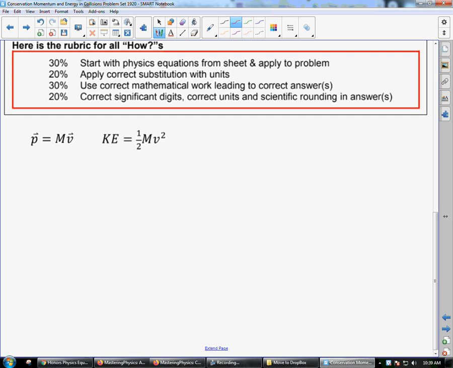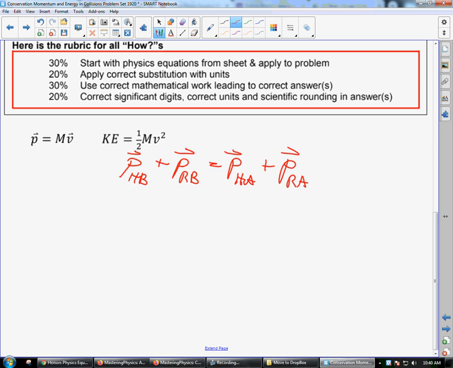So, momentum of the hammer before plus momentum of the rock before equals momentum of the hammer after plus momentum of the rock after. My prediction is everything is moving to the right, so I'm just going to take that as the positive direction.